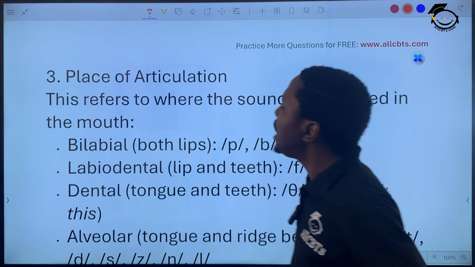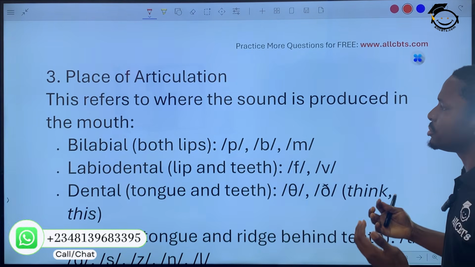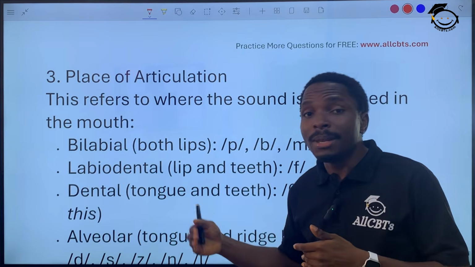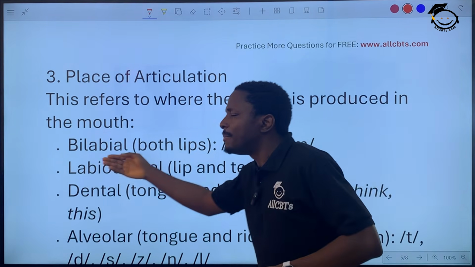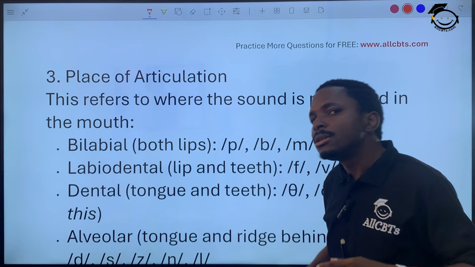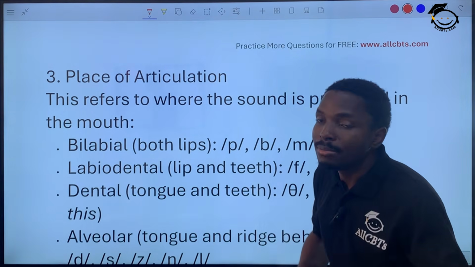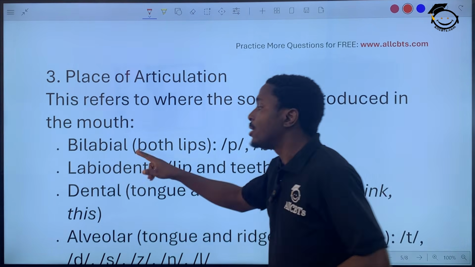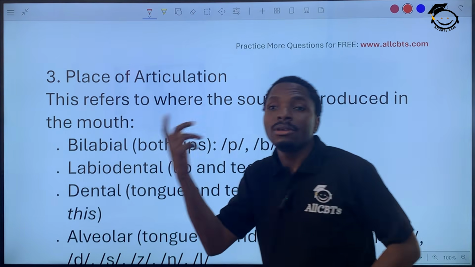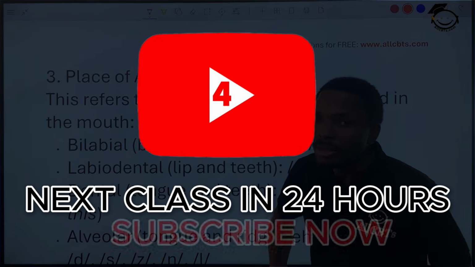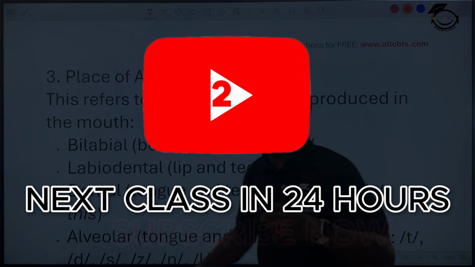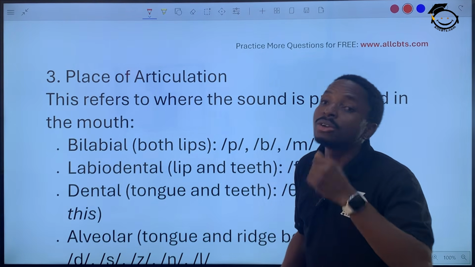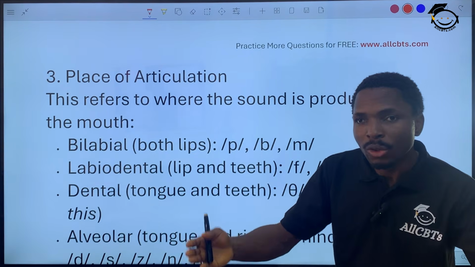Next, let's look at the next thing, place of articulation. This refers to where the sound is produced in your mouth. Now we are getting to more complex stuff. If you are asked to define what a bilabial consonant sound is, what does it mean? Bi means two, and labial means lips. You would also see labial when we talk of the female reproductive system, because it's the lips of that system.